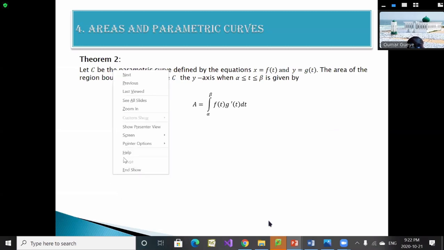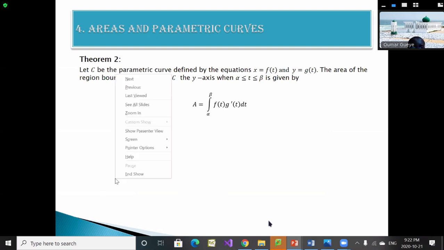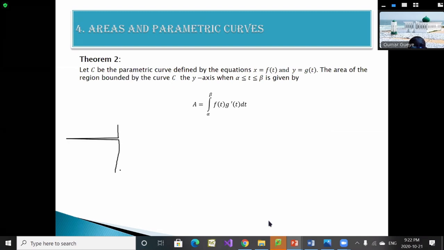All right, so in this case, we have something like that. Change the color. So let's say this.